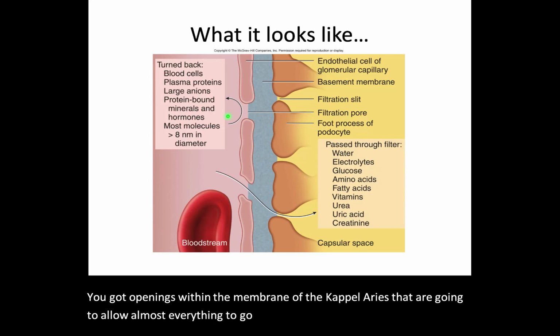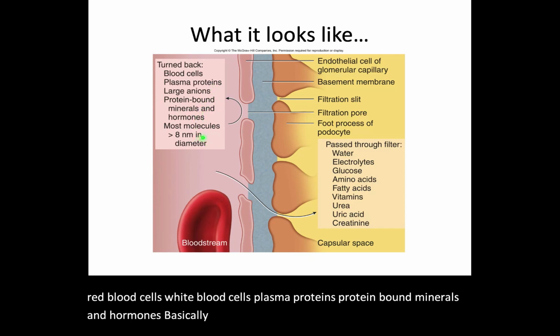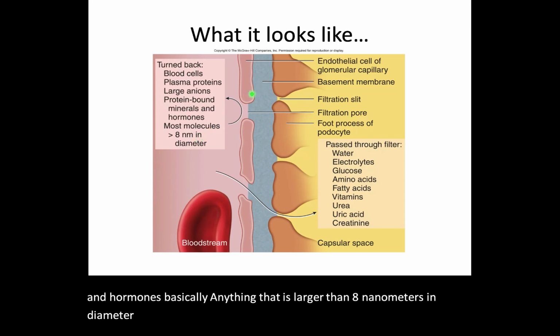What it's excluding, once again, are red blood cells, white blood cells, plasma proteins, protein-bound minerals and hormones. Basically, anything that is larger than 8 nanometers in diameter is going to get blocked. And so these fenestrated capillaries, this is not adjustable.